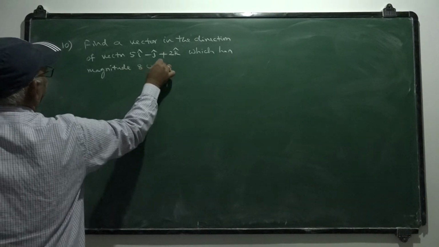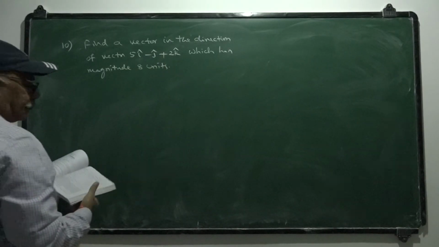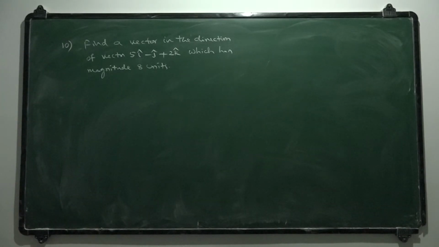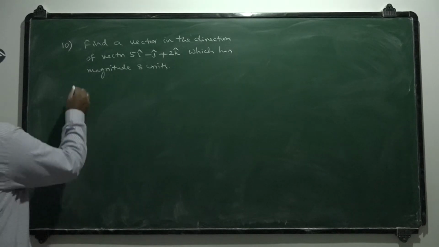Find a vector in the direction of the given vector which has magnitude 8 units.